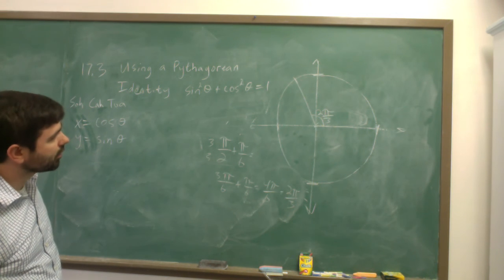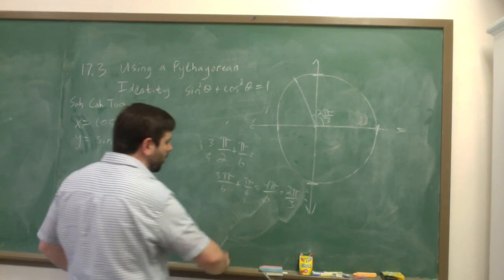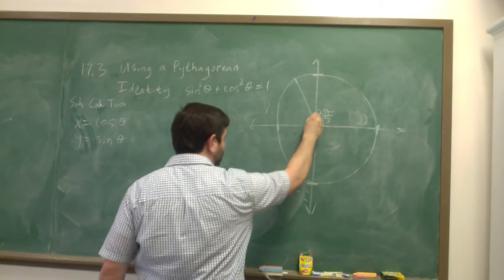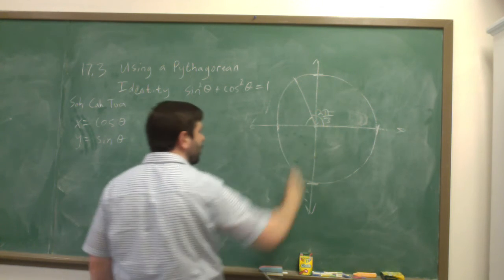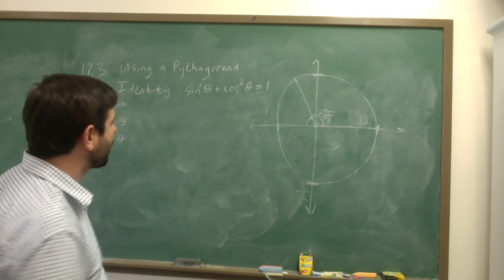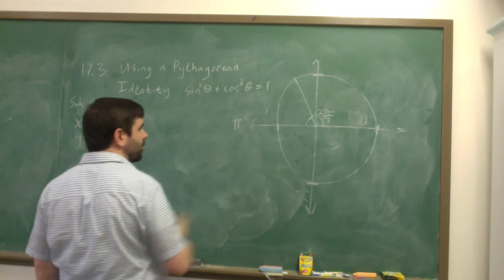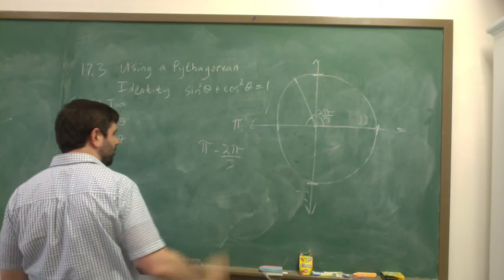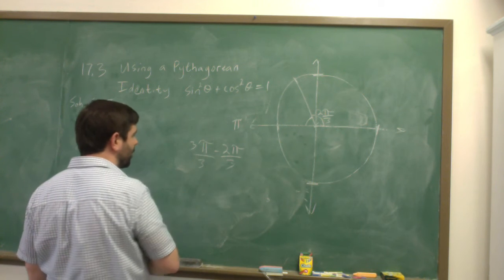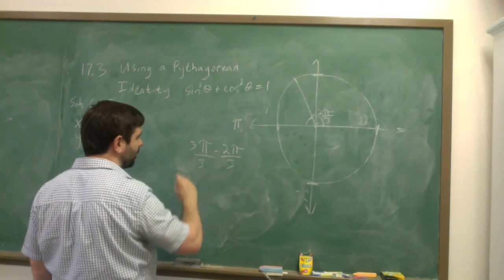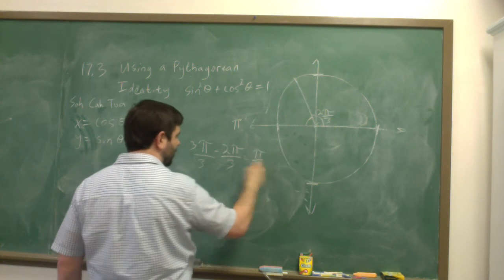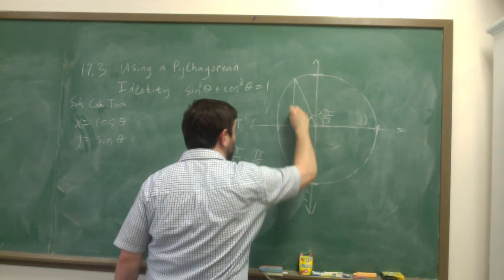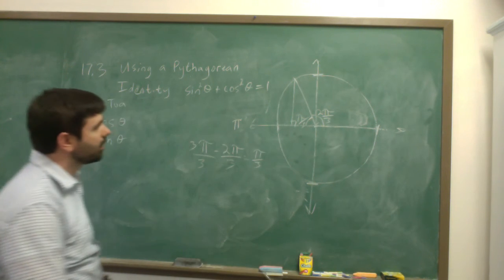That looks about right. Well, what is this reference angle going to be? This is pi. So if we have pi minus 2 pi over 3, common denominators, 3 pi's minus 2 pi's equals 1 pi, pi over 3. So we draw our triangle down like that.